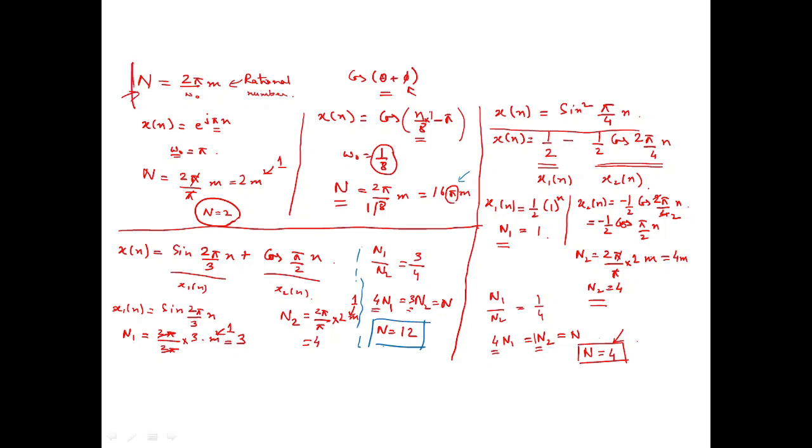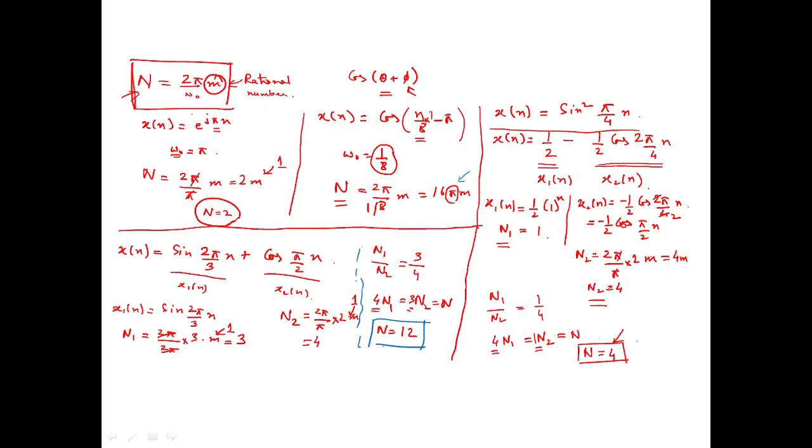We need to calculate capital N to find out whether the signal is periodic or aperiodic. Capital N is given by N equals 2 pi over omega naught, times m, where m is a rational number.